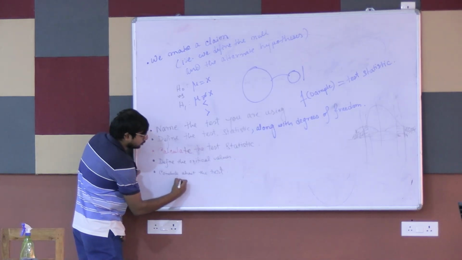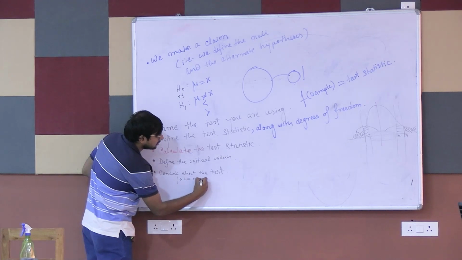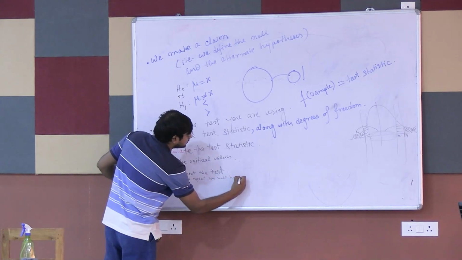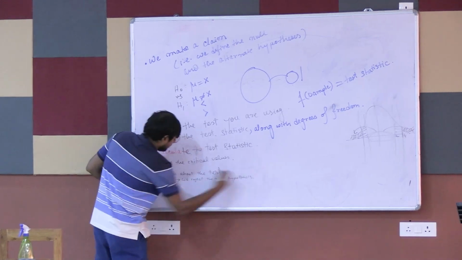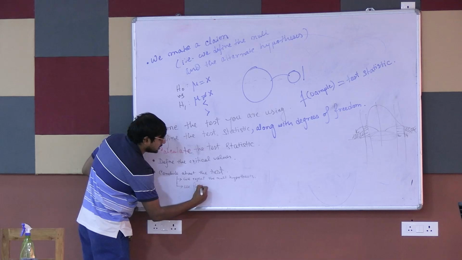So what are the two kinds of conclusion? One, we reject the null hypothesis. Two, we fail to reject the null hypothesis.